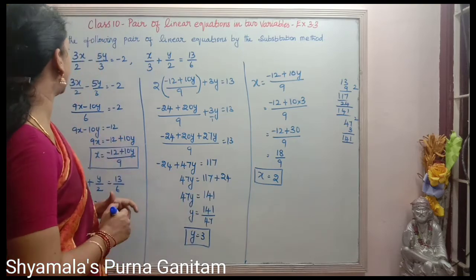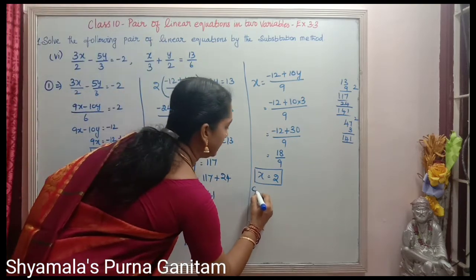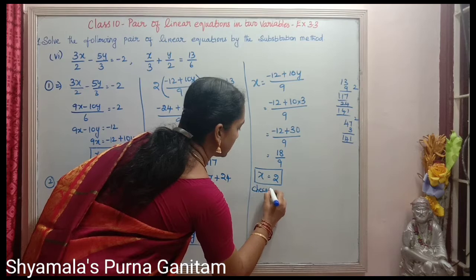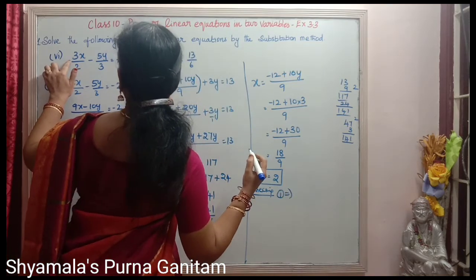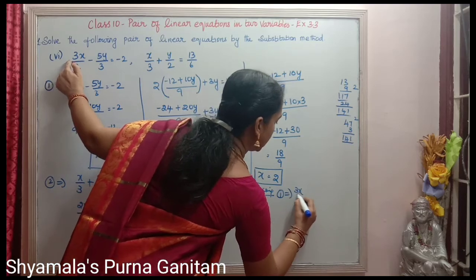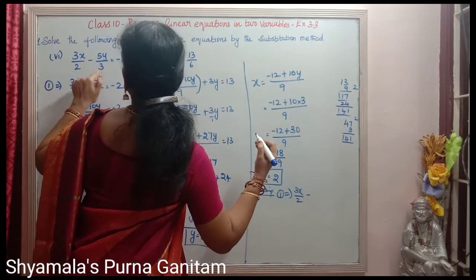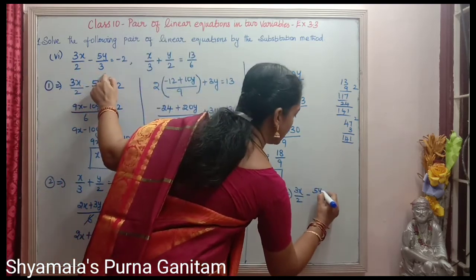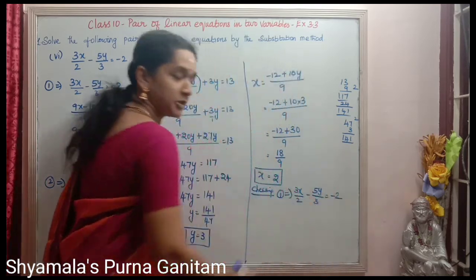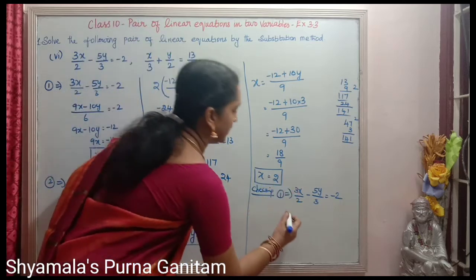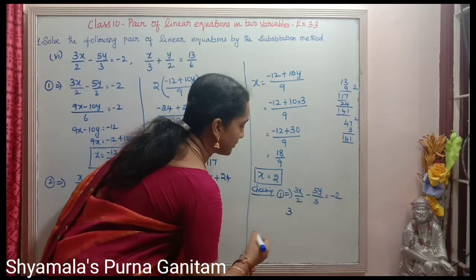So now I will check by substituting in any one of the equations. So I will take the first equation itself. So first equation is 3x by 2 minus 5y by 3. When I substitute this x and y value in the given equation, I have to get it as minus 2.